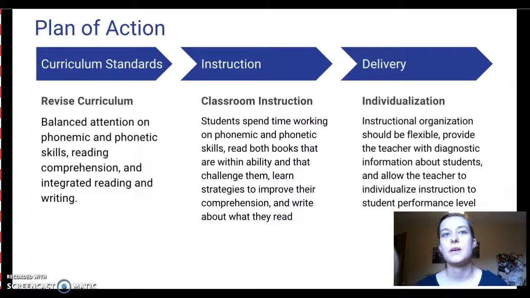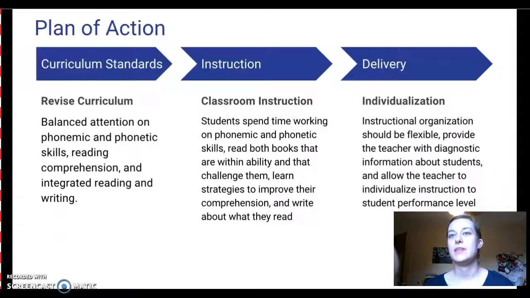And so first I think we would plan the curriculum, and then we would look at the instruction so that students are able to use those skills and to learn those strategies by changing the way we do instruction. And then on delivery, we need more individualization.